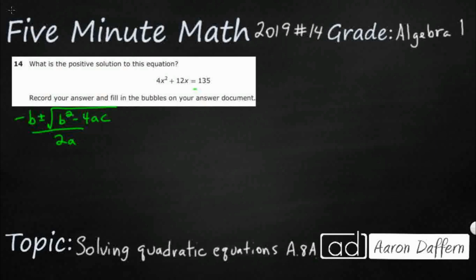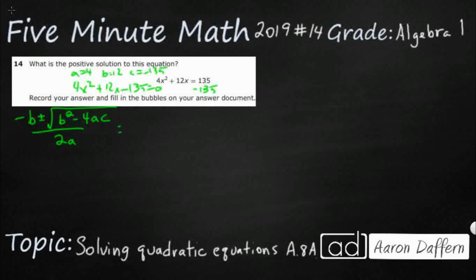If we wanted to get a c, we need to take 135 away from both sides, right? So it's going to end up being 4x squared plus 12x minus 135 equals 0. So my a is 4, b is 12, c equals negative 135. All right, so just plug all that in.